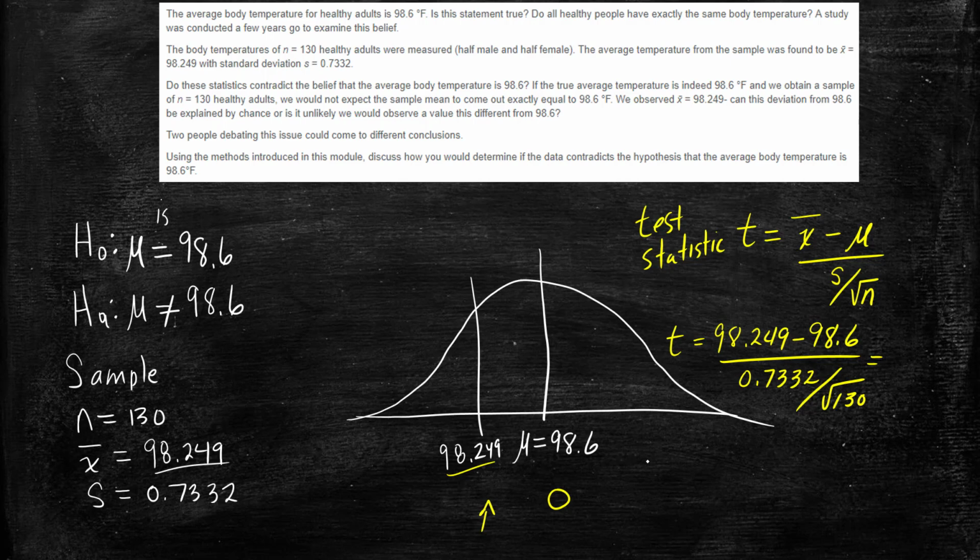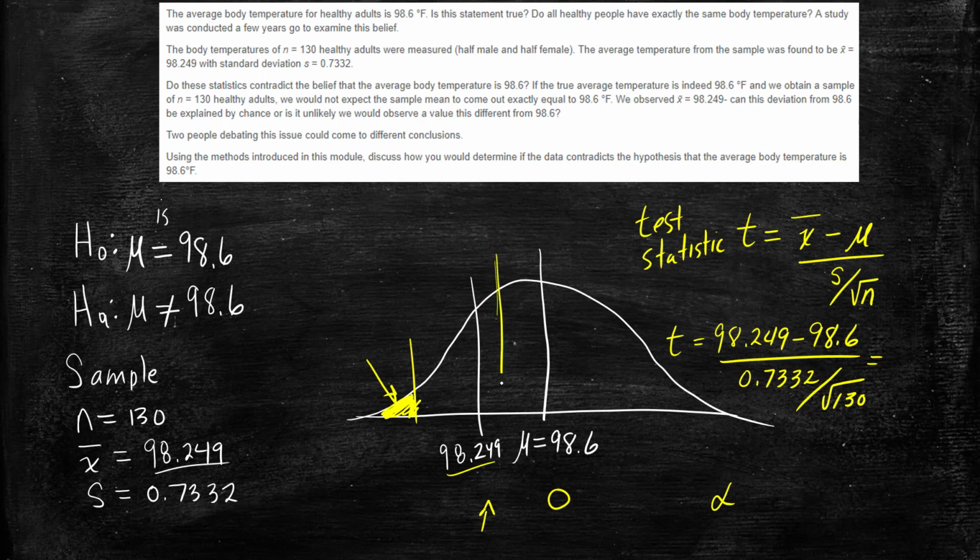Now, this problem did not give you, which normal problems would, an alpha. In other words, remember, alpha is my cutoff region. So let's say that my alpha is here. I don't know, but if that value fell in that region, then I would say we're rejecting the null that the average body temperature is 98.6.